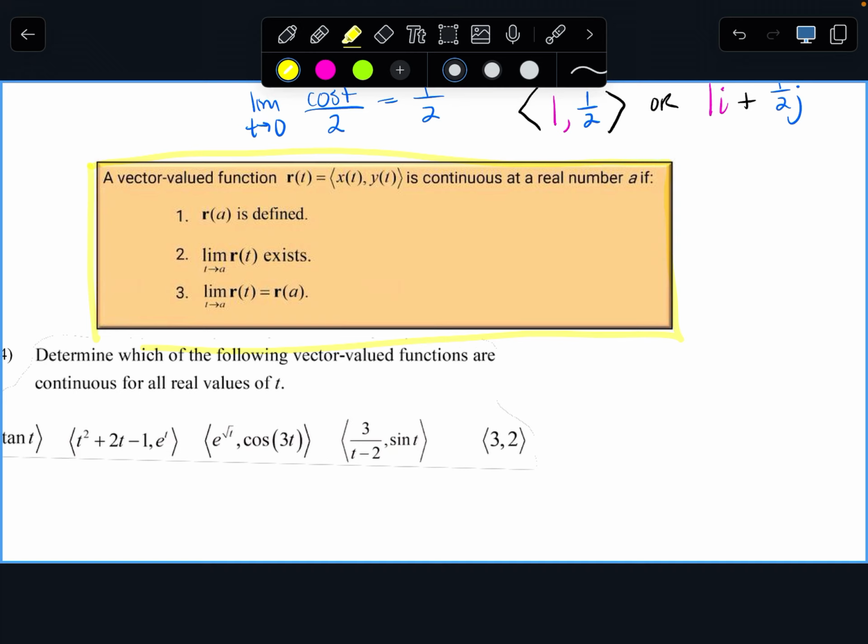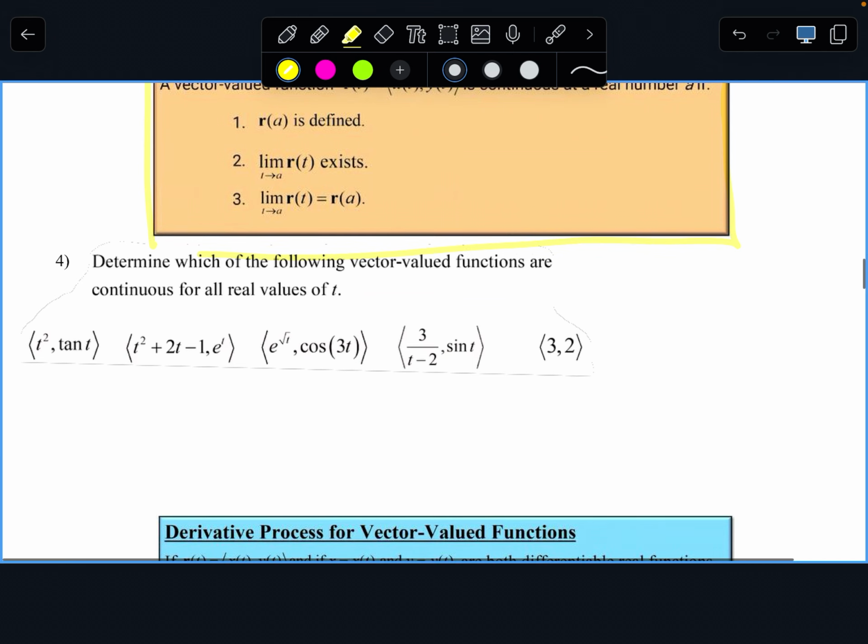So instead of just looking at one equation or expression, you're looking at both of them. Determine which of the following vector valued functions are continuous for all real values of t. So you're looking for asymptotes, removables, all of that stuff.